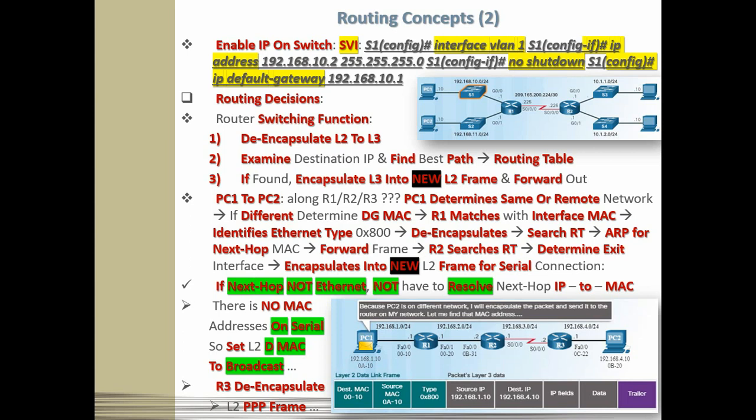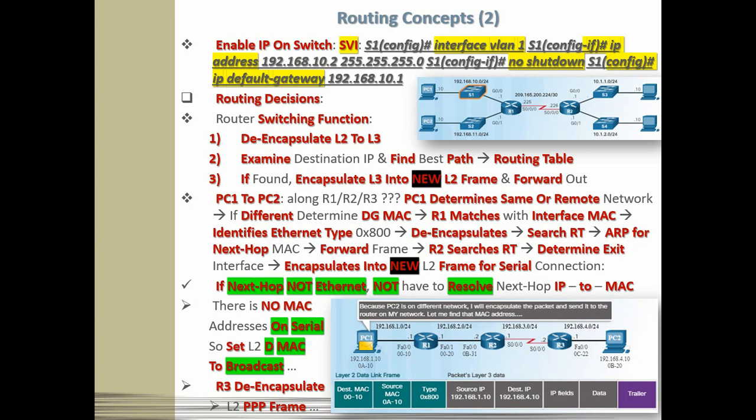And imagine at this point of time, R1 already has a route inside its routing table for the 192.168.4.0/24 network.